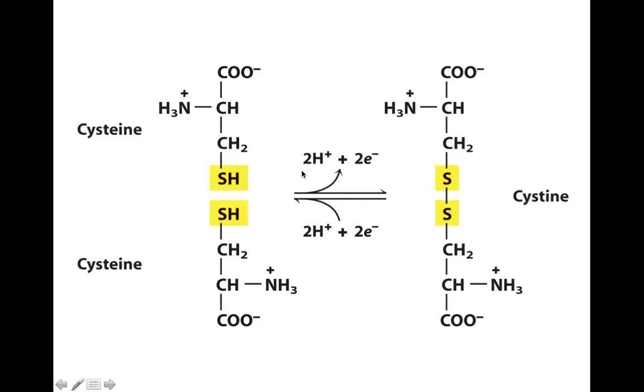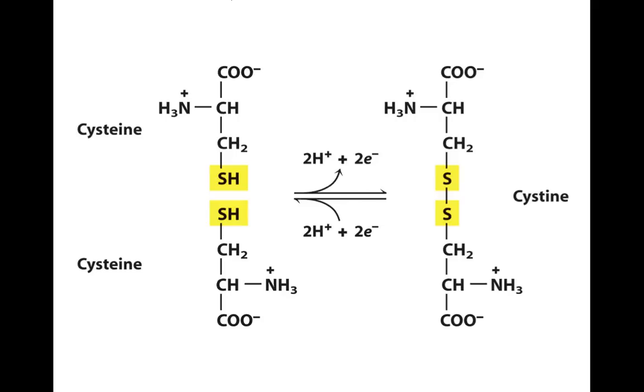Now what you need to remember to really understand what's going on here is the definition of oxidation and reduction. Alright? Now there are different ways in which we could define oxidation and reduction. Alright, we could look at it in terms of the gain or loss of oxygen.